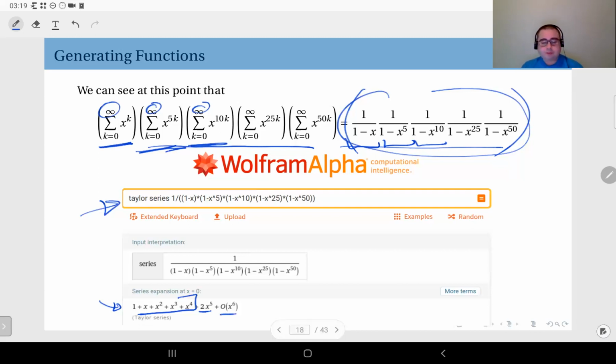Well, we are going to talk about big O notation later on when we discuss complexity. But at this point, what you should understand from this expression is that the condition for the convergence of this power series is that x to the power 50 and x to the power 25, x to the 10, x to the 5, and x itself in magnitude are all strictly less than 1.